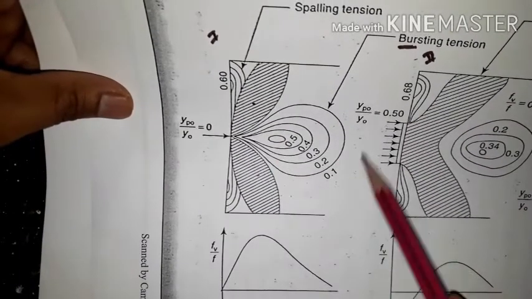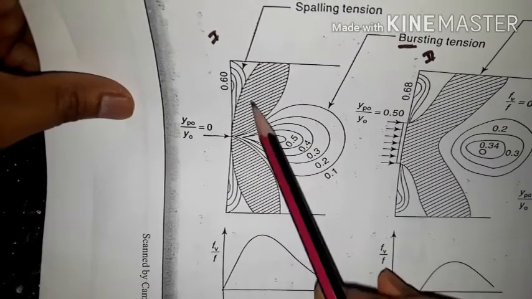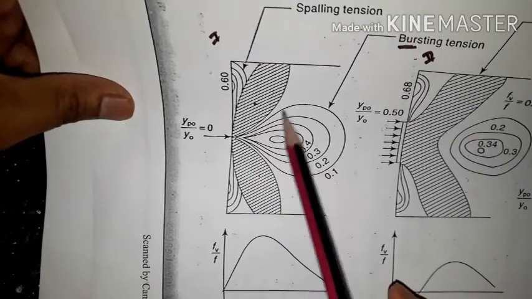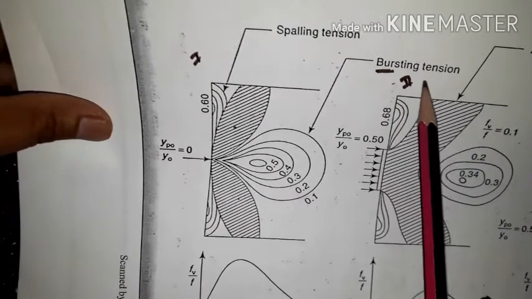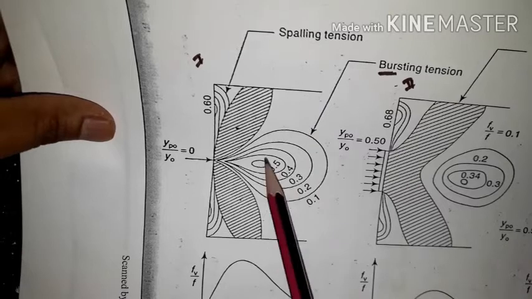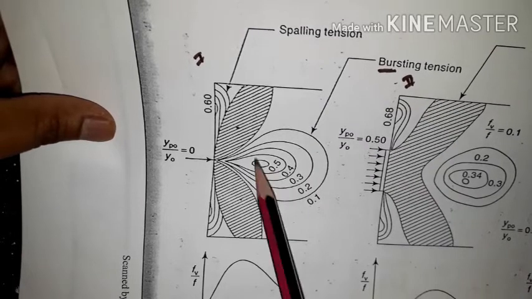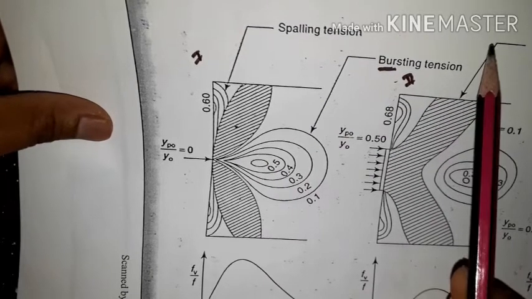In the first stage you can see the compression and the tensile stresses. It is called the bursting tension, the tensile force that tries to burst the concrete.